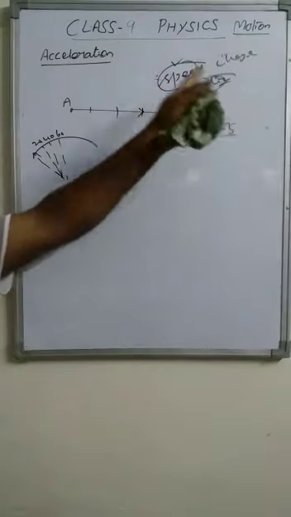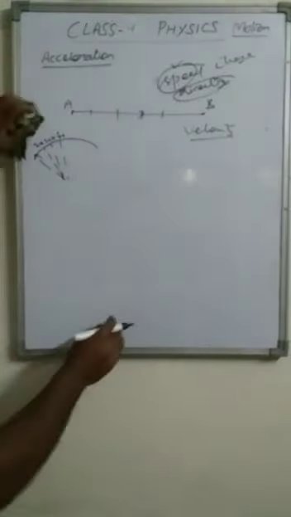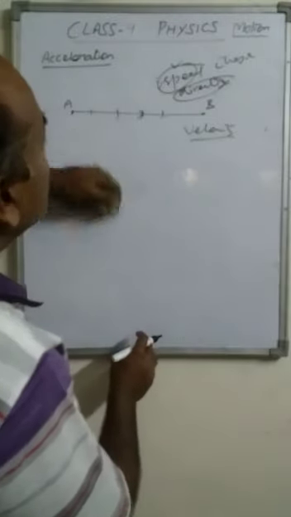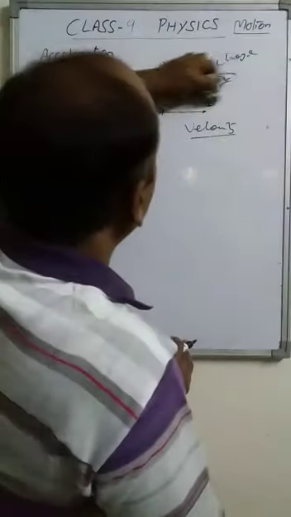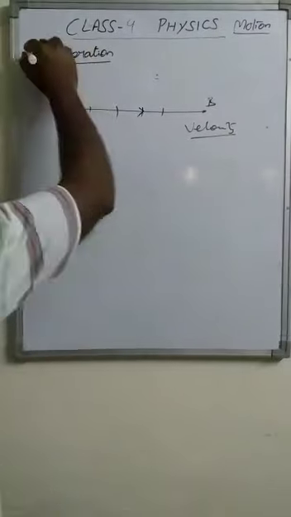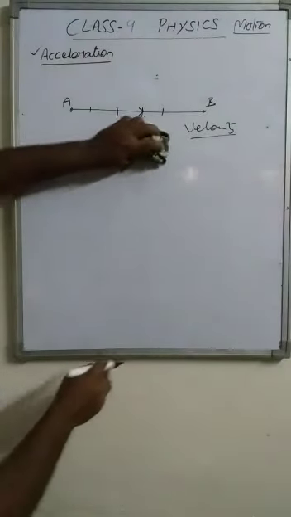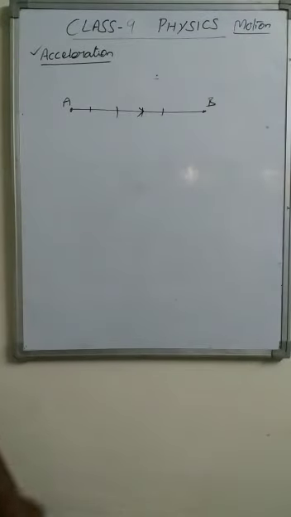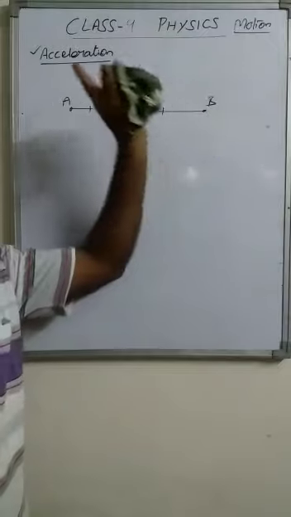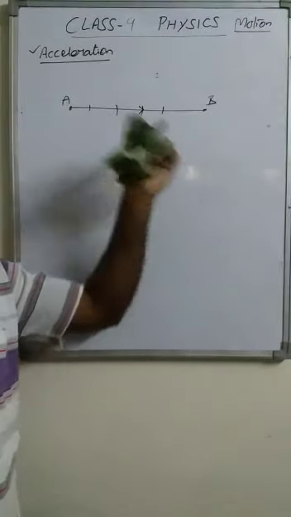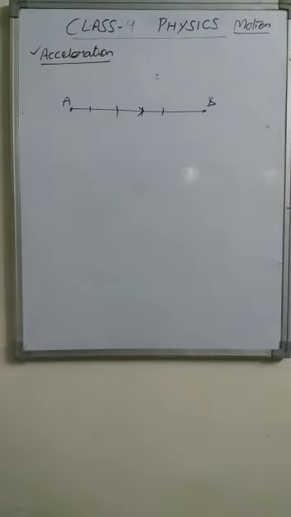So, whenever the velocity is changing, we say what is produced? Acceleration is produced. For the velocity to be changed, you can change the magnitude or change the direction.